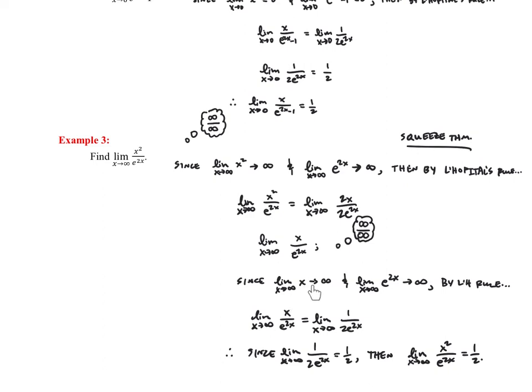Since the numerator goes to infinity as x goes to infinity, and the denominator goes to infinity as x goes to infinity, then by L'Hopital's rule, we've got another equivalence statement. We evaluate that limit yet again after we simplify, and it looks like we get 1/2. Then we can tell that the original limit would also go to 1/2 as x approaches infinity.